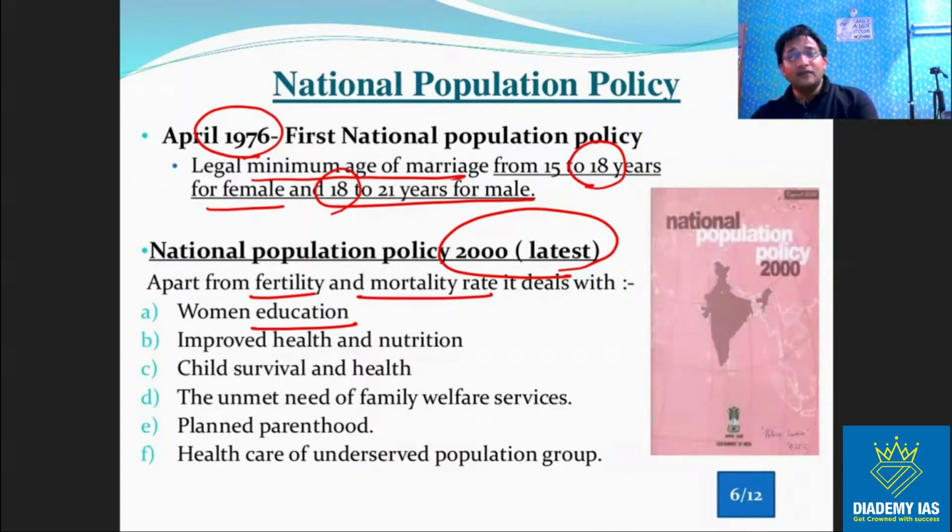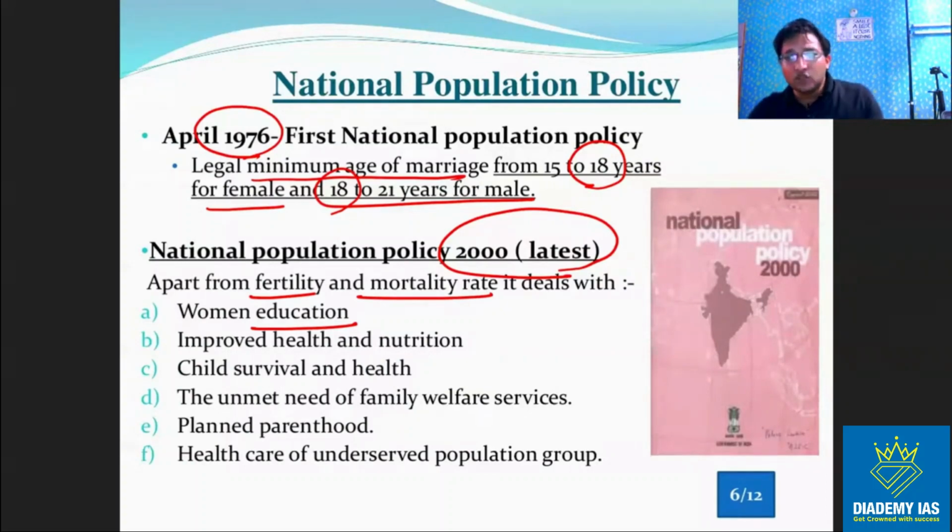So women face a lot of health issues because of this. They are not able to maintain proper distance between the two children. That leads to high population and poor health of the women as well as poor health of the children.